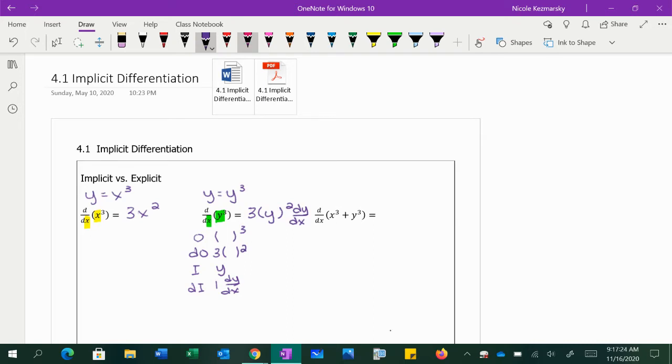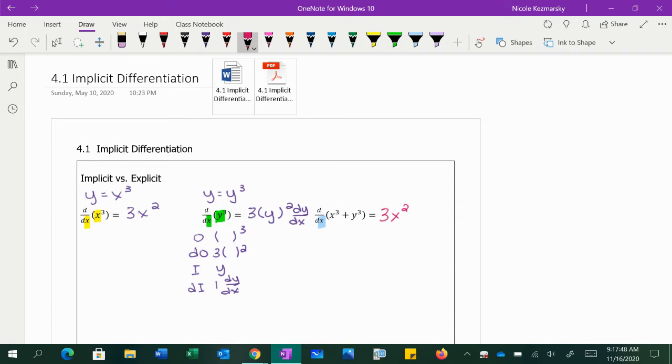So if I do the next example, we're taking the derivative with respect to x. So our independent variable is x, but we've got an x and a y in our expression. So when we take the derivative of the x cubed, we're just going to take that as normal, 3x squared.